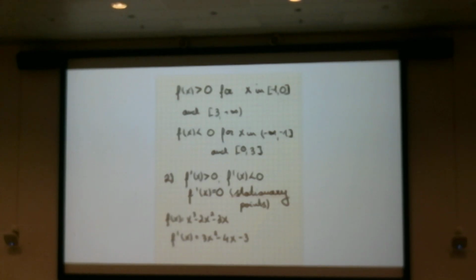And now we need to solve where this is equal to 0. Okay. So let me go to new page. I need 3x squared minus 4x minus 3 equals to 0.